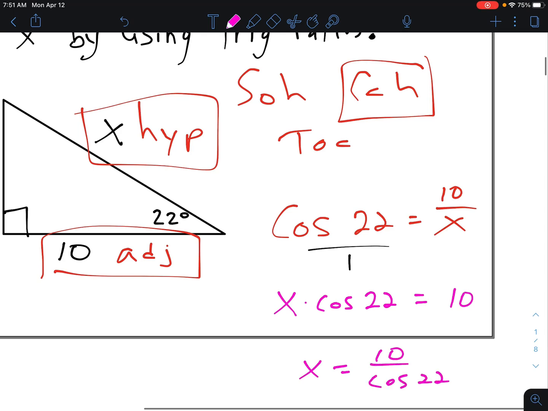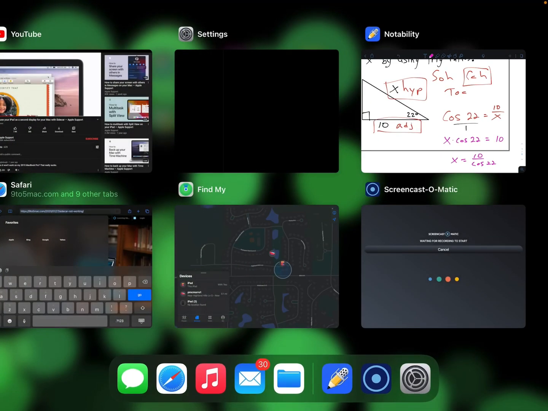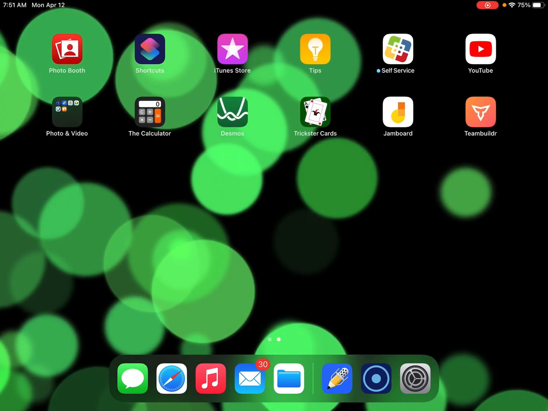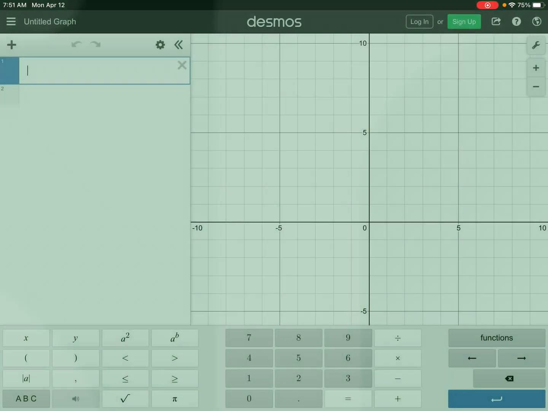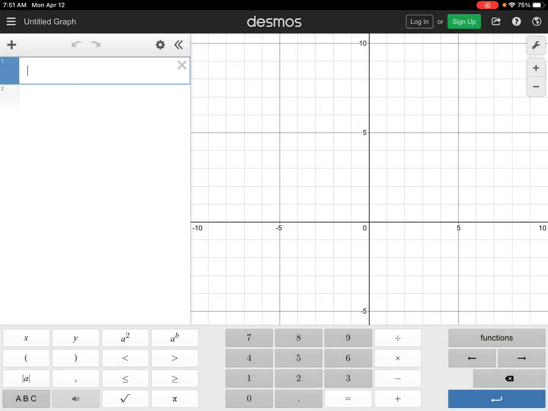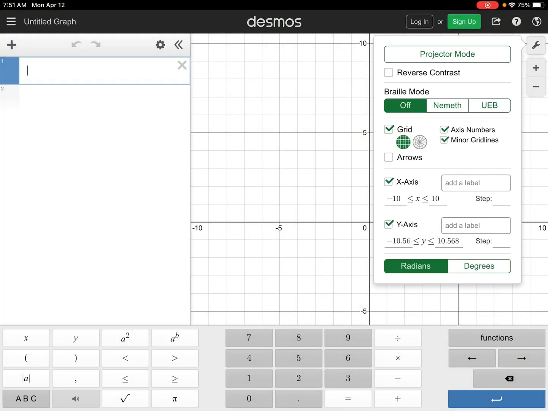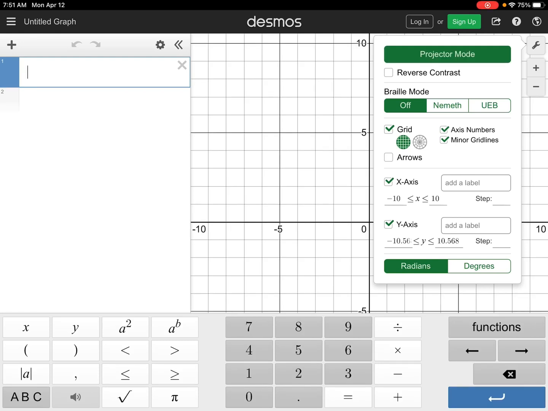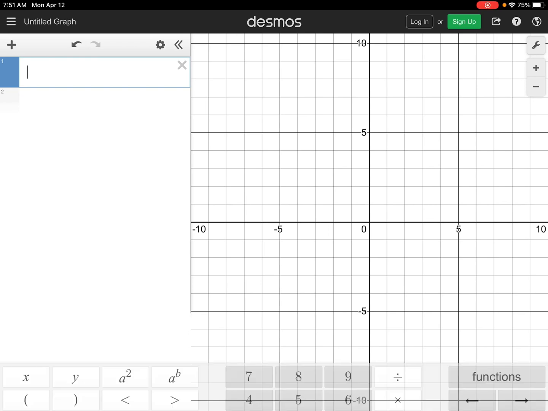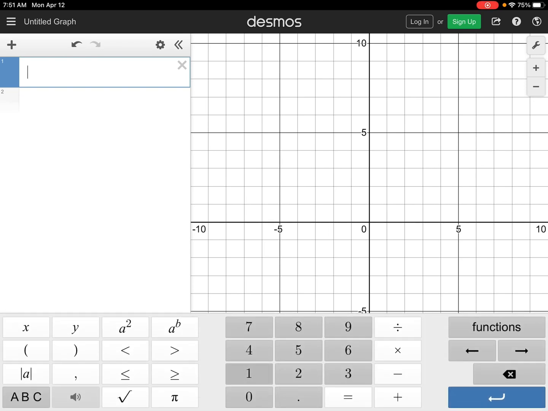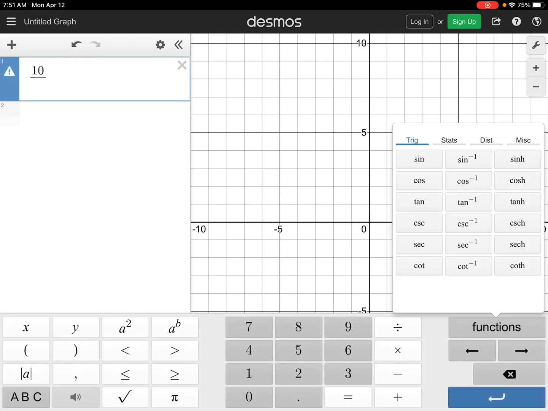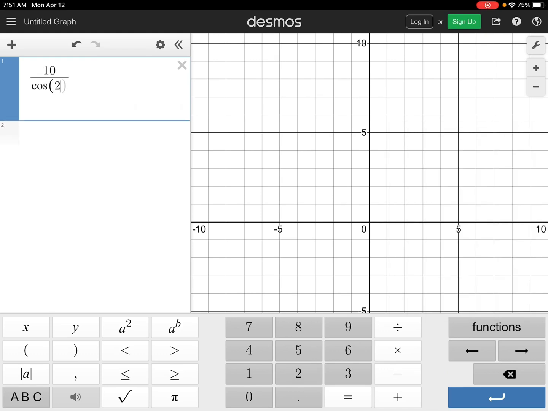And then, since I have my calculator, let's see here, Desmos. Remember, you want to go up to the top, hit the wrench. I'm going to do a projector mode so you can see a little better. We want to be in degrees. And then we have 10 divided by the cosine of 22, which is about 10, we'll round to 10.8.